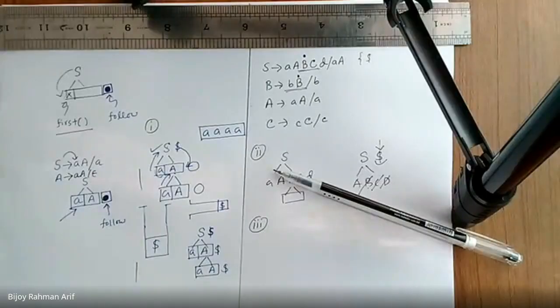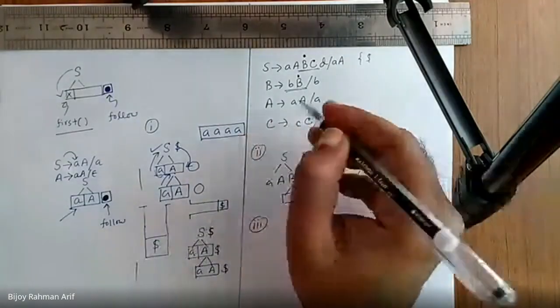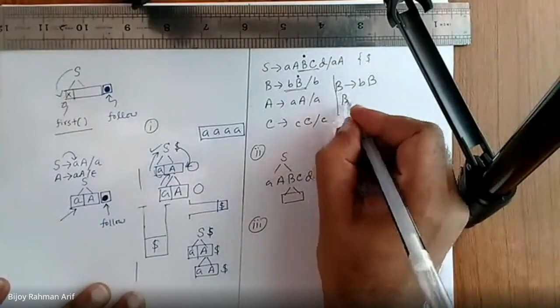Sir, can't we take the terminal, small letter b? That is the terminal of B. B derives BB, this is one rule, and B derives small b, that is another rule.